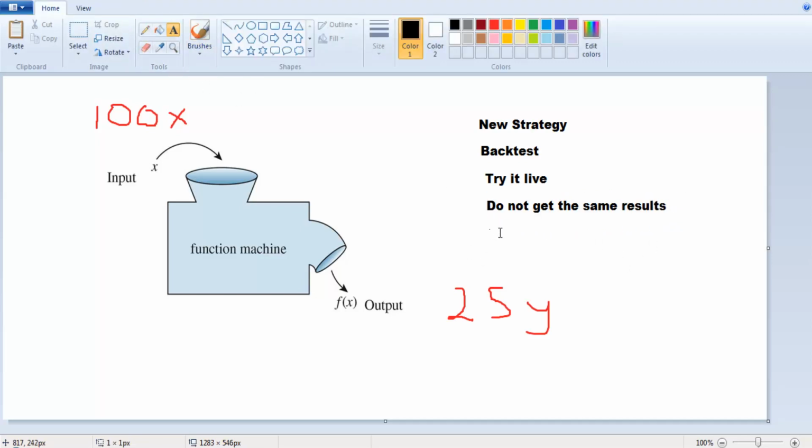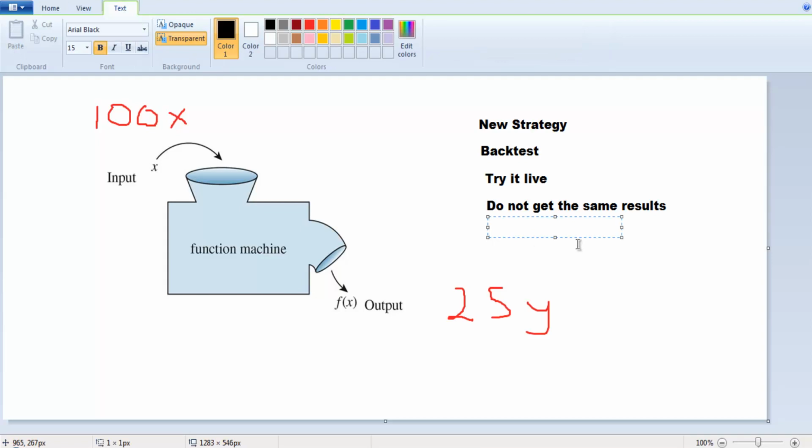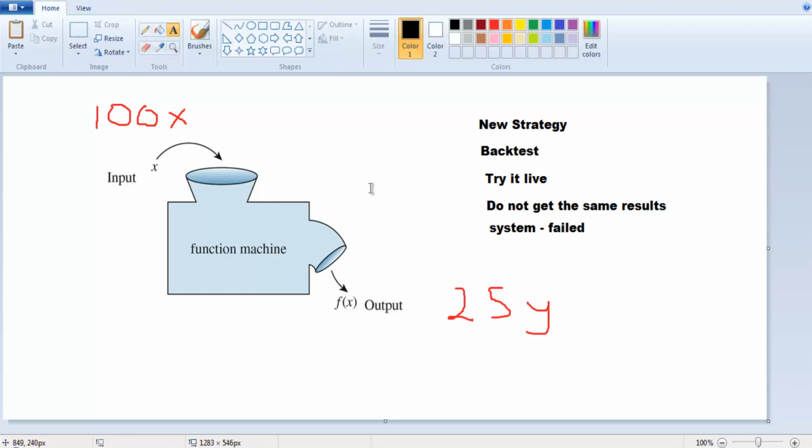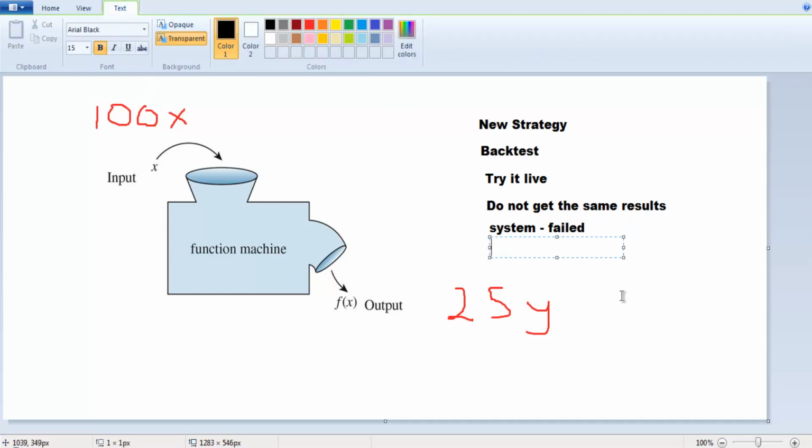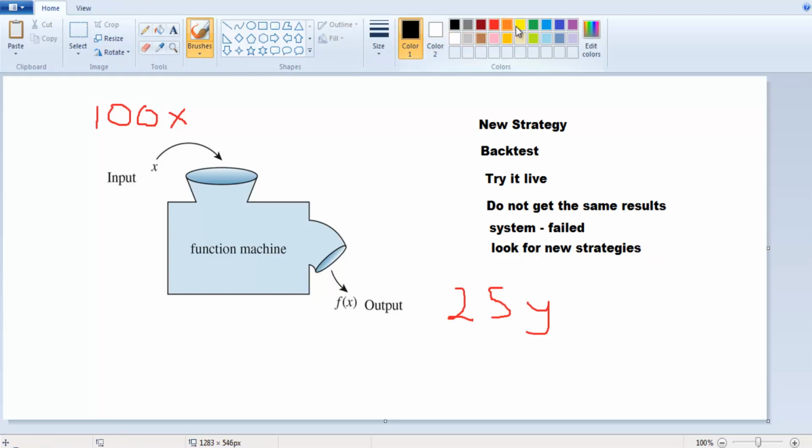Then what happens? You can see where I'm going with this, right? You say, okay, system failed. That's the conclusion that some people might come to, and then look for new strategies. And then what happens? Well, this is going to be a circle going all the way round, like this. And it happens to so many people trying out trading for the first time, and they just don't know what to start off with or where to stop.